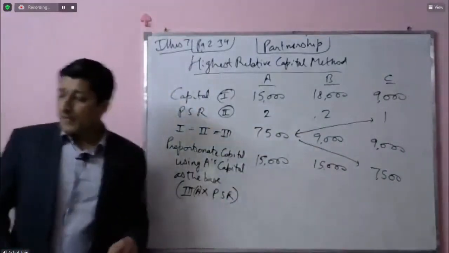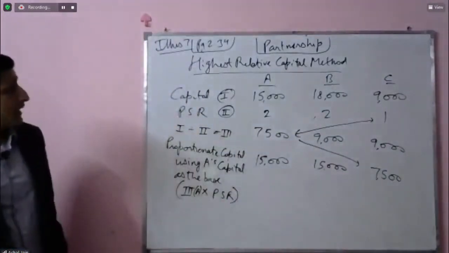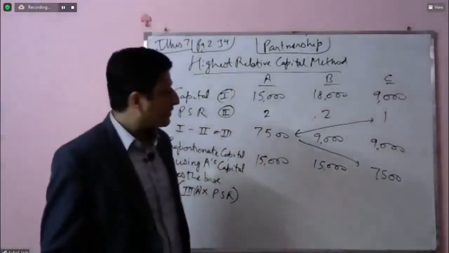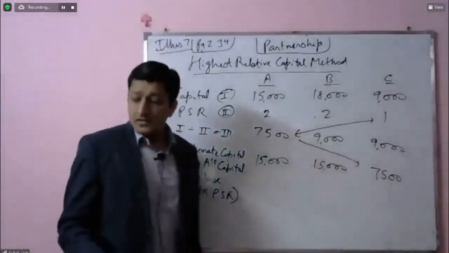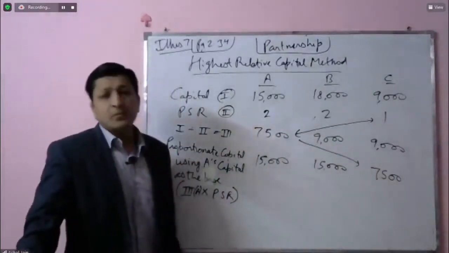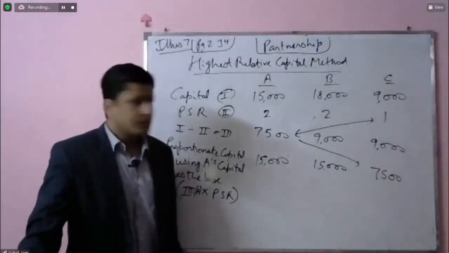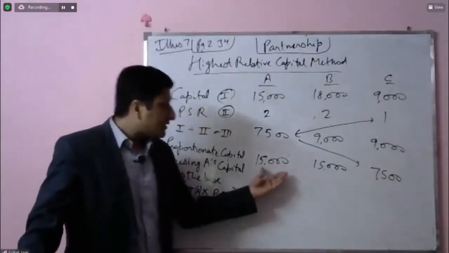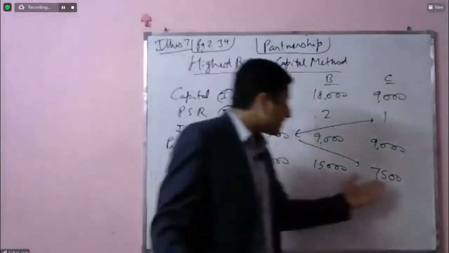So now, if the partners had to maintain their capital in the profit sharing ratio, then their capitals should have been this, and this.